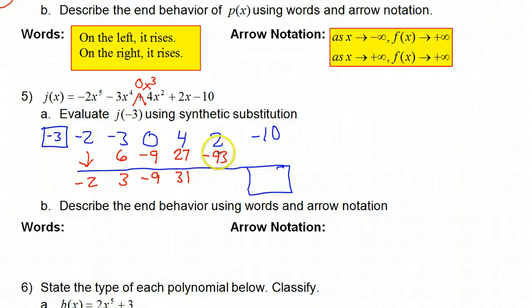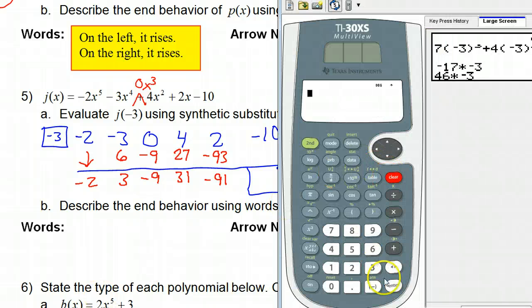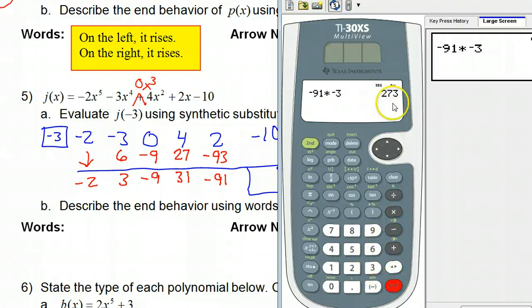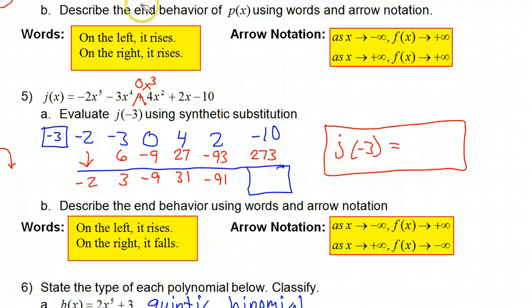Okay, -93 and +2 make -91. -91 times -3 is 273. So we put the 273 right here. Of course, -10 and 273 together make 263. And so j of -3 equals 263.